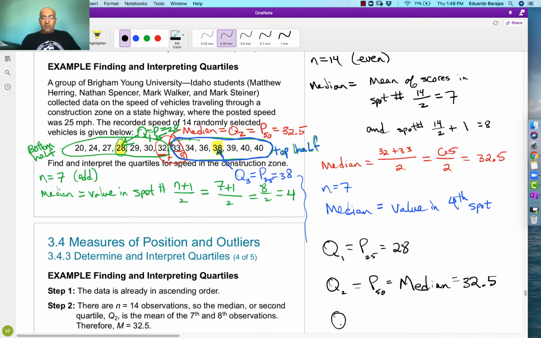And finally, Q sub 3, which is also known as P sub 75, is equal to 38.